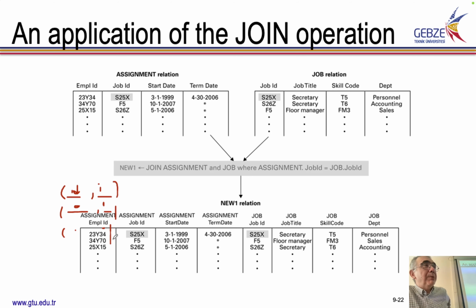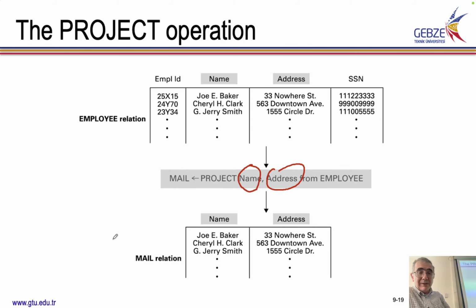So from the programmer's perspective, if I am interested in the address of the guy in the key value database, employee ID and name is stored as one key value pair separately. Employee ID and address is stored separately, and employee ID and SSN is stored separately.